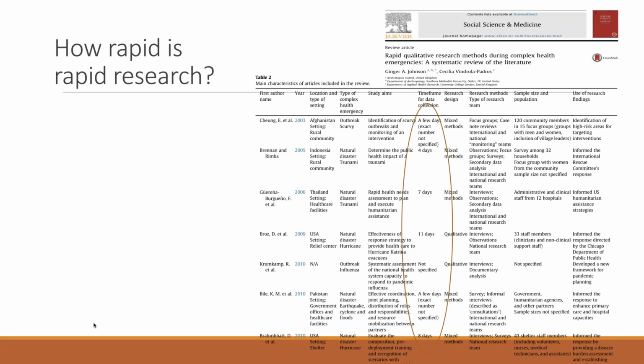We've carried out a few reviews where we've tried to map out study duration as well. You see here this one, because of the nature of the context, so this is all about complex health emergencies, you're seeing these studies are really, really, really rapid, a few days.